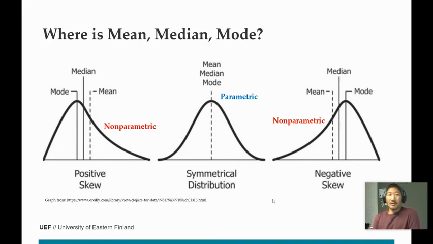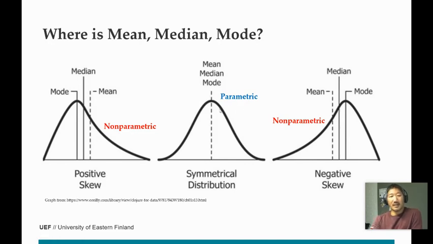And parametric can be used based on the assumption that the data is symmetrically distributed. When the data is symmetrically distributed, it shows this kind of bell shape, equally distributed on the left and the right side, and the mean, median, mode are in the center of the data. In that case, you can use parametric statistics.